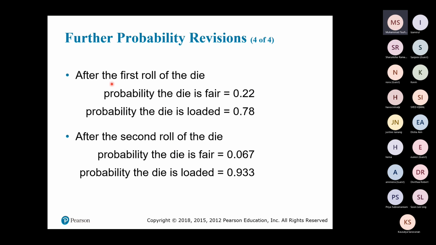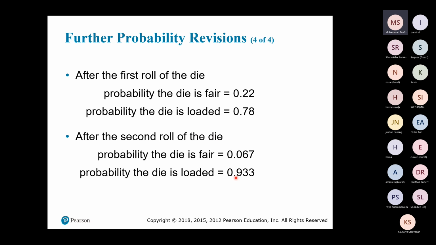So after the first roll, selepas bila kita pilih dadu tu, kita tengok bila kita repeat, bila kita ulang balingan tu, chances untuk kita pilih dadu yang normal tu lagi kecil. Bila kita ulang balingan tu, kemungkinan untuk dapat dadu yang normal tu lebih kecil daripada dadu yang diubah suai.